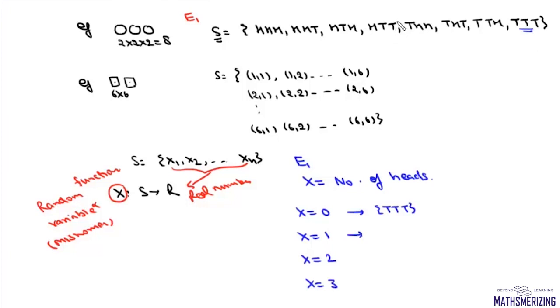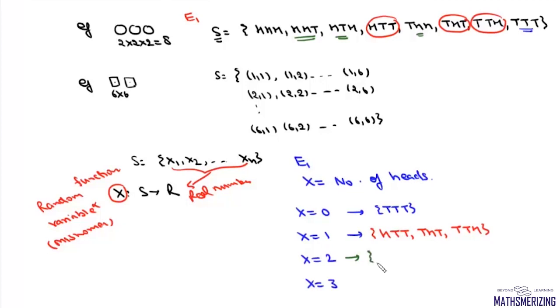Now one head, it is HTT, THT and TTH. So this X equal to 1 corresponds to these 3 points, HTT, THT and TTH. Now when we say X equals 2, we'll have 2 heads.